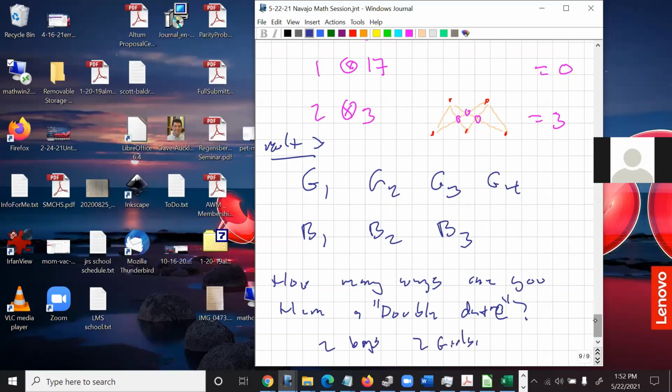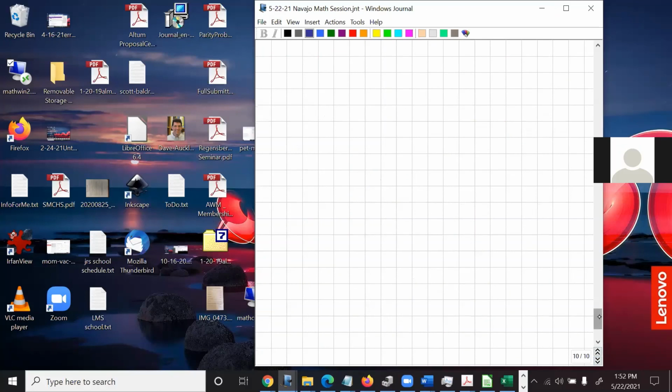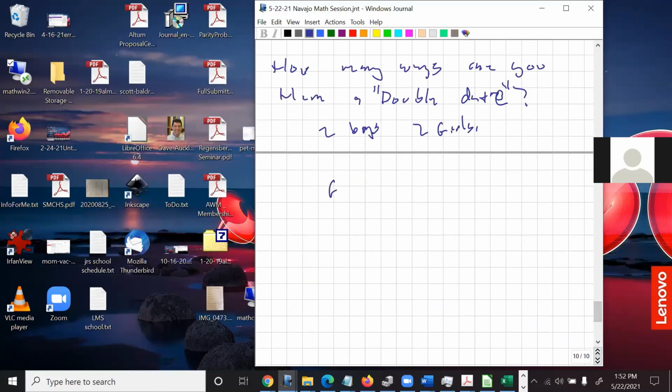So maybe let's do this with the 2 and 3. If I have 2 girls, girl 1, girl 2, and boy 1, boy 2, boy 3, then the possibilities would be, if I do 2 date 3, the date multiplication could be girl 1, girl 2, you've got to have those, and boy 1.